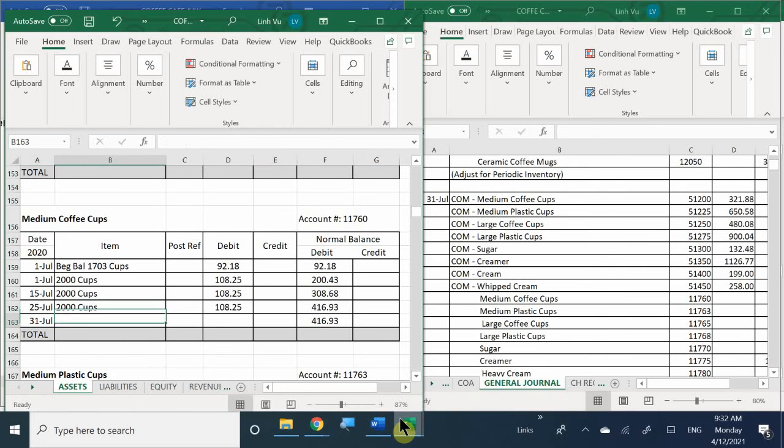How many cups did I use? 5,947. If you've already calculated, you can calculate whatever you're remaining, but you could also do that for the next month.